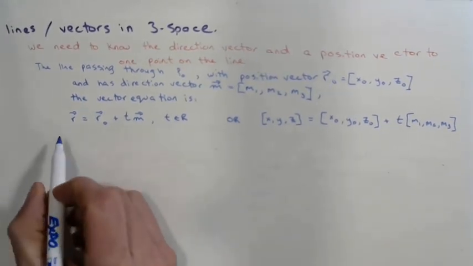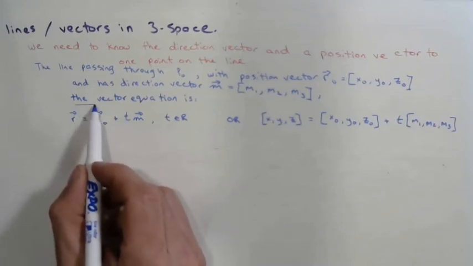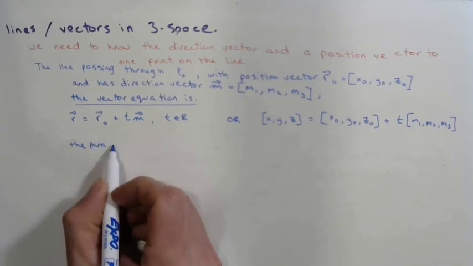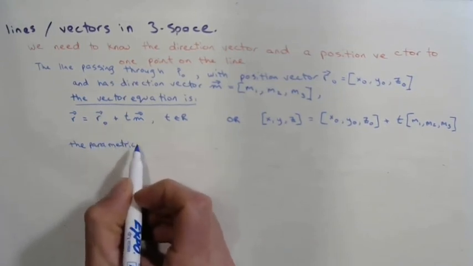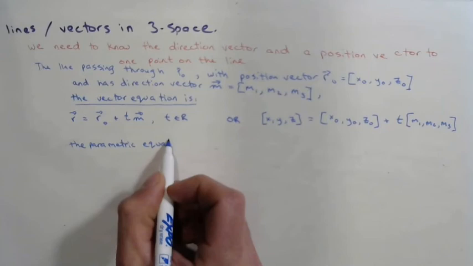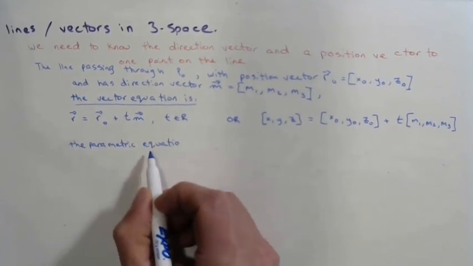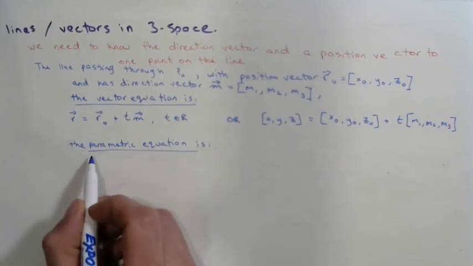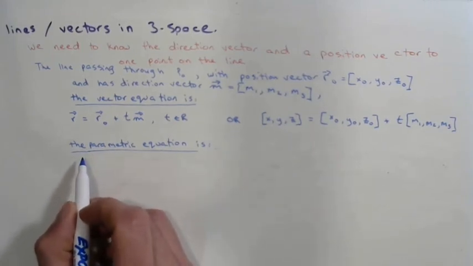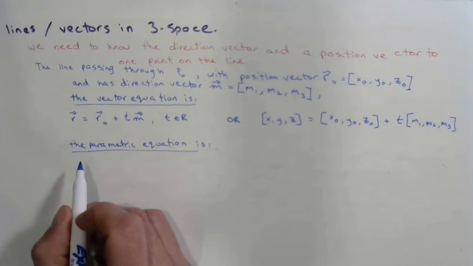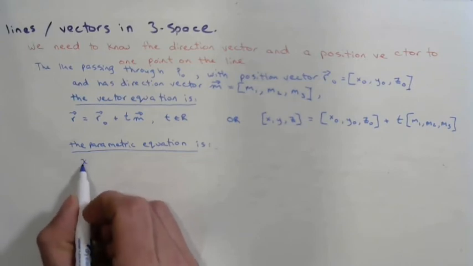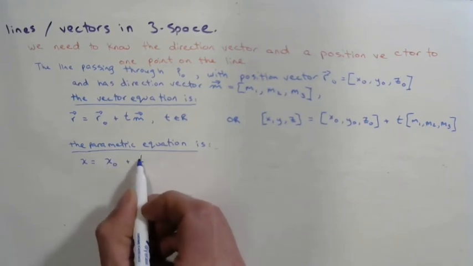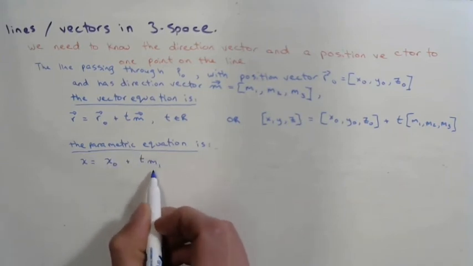Now, parametric equation. So this is a vector equation. The parametric equation is, and again, now we're going to be splitting it, instead of just into its xy components, into its xyz components. So we've got x equals x naught plus some multiple of m1.